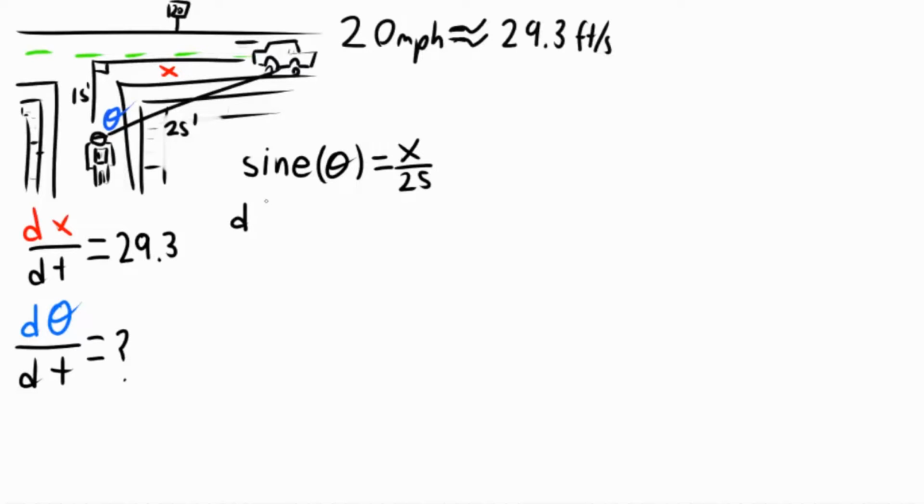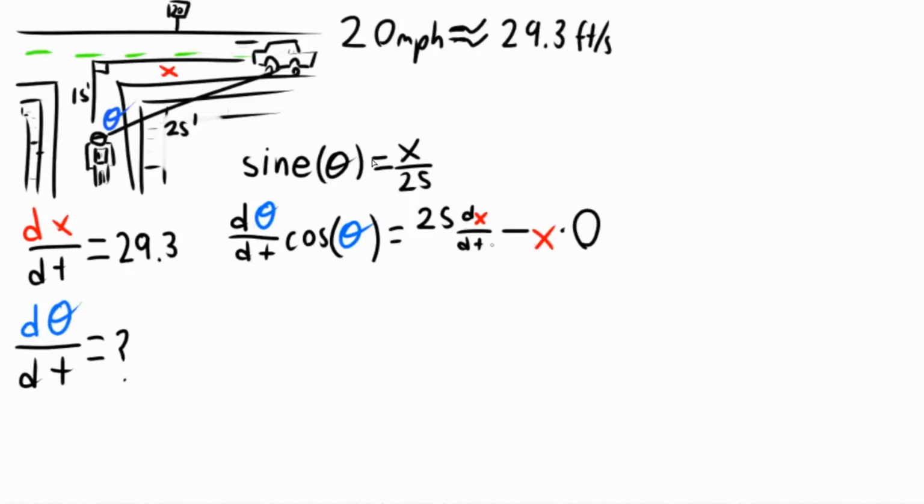We take the derivative of that, and dθ/dt times cosine theta equals, using the quotient rule, we find that x over 25 becomes (25 dx/dt minus x times 0) over 625. dx/dt is the derivative of x, and the quotient rule is low d high minus high d low, all over low times low.